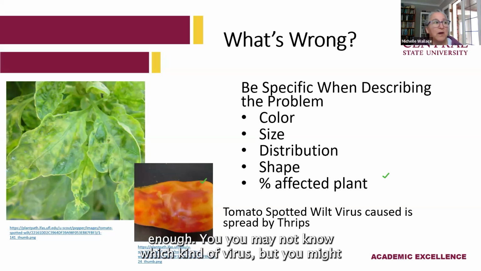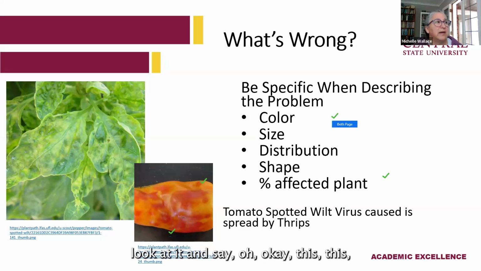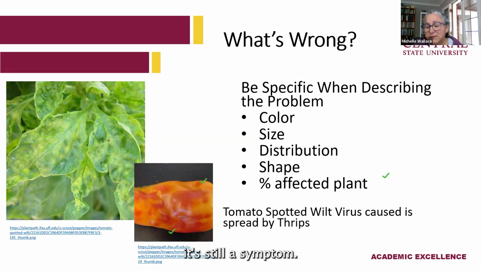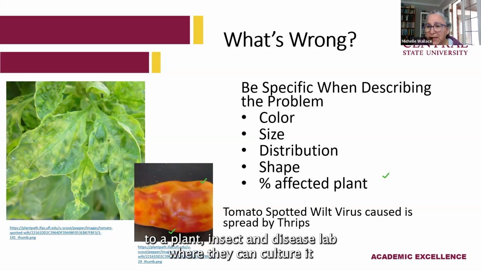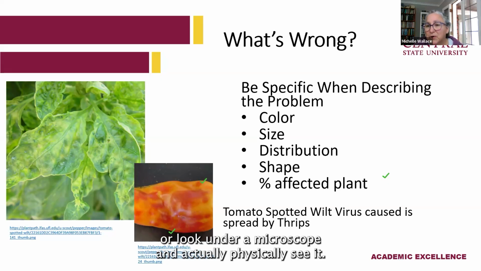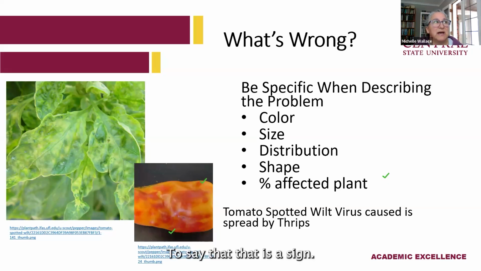If you see it enough, you may not know which kind of virus, but you might look at it and say, "Oh, okay, this could be a virus." But it's still a symptom. In order to identify the virus, we'd have to send it off to a plant, insect, and disease lab where they can culture it or look under a microscope and actually physically see it to say that that is a sign.